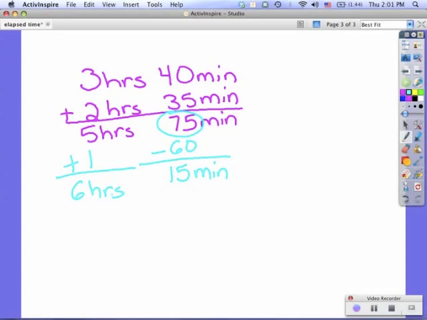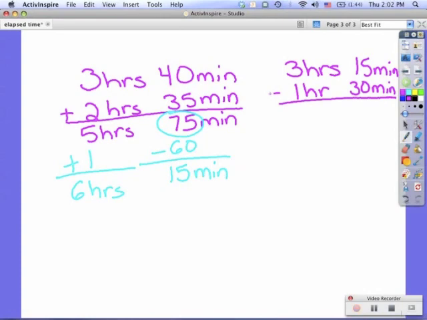And I'll show you subtraction one more time. Little small numbers here. 3 hours, 15 minutes, minus 30 minutes. I cannot subtract 30 from 15, so what do I need to borrow?